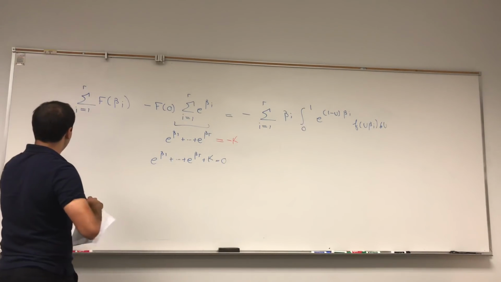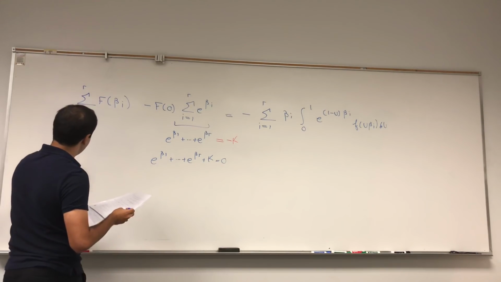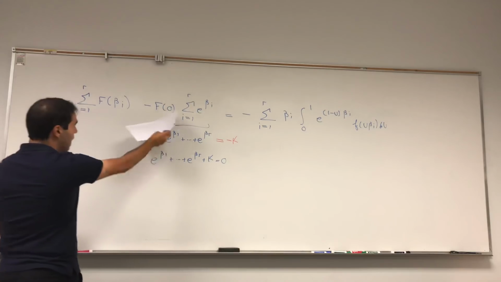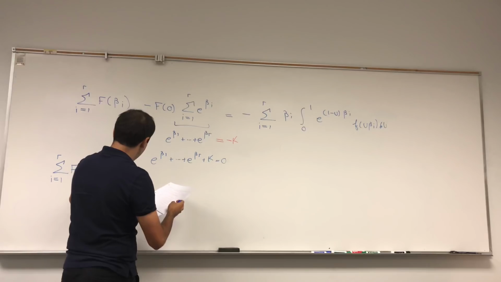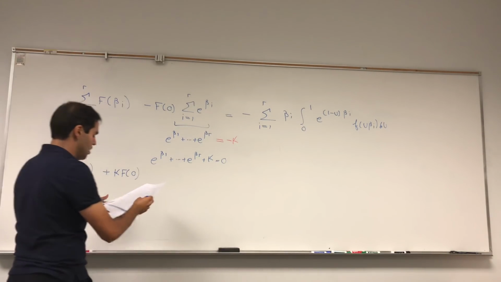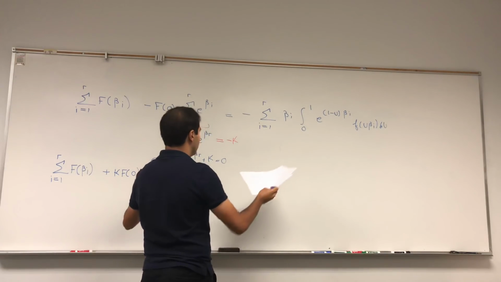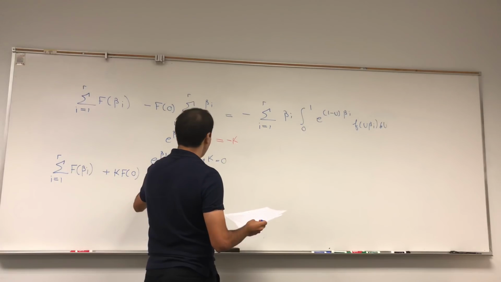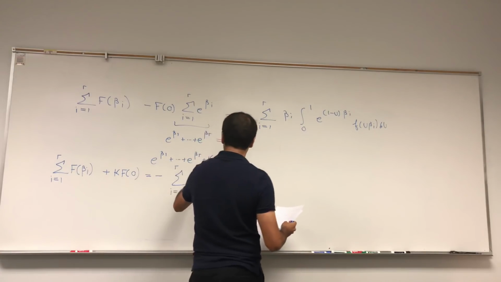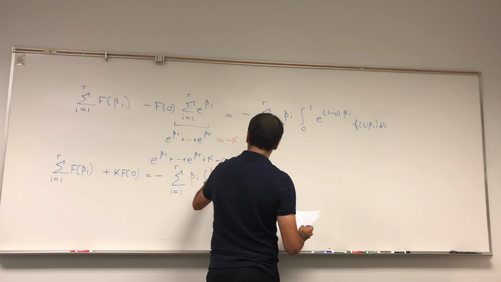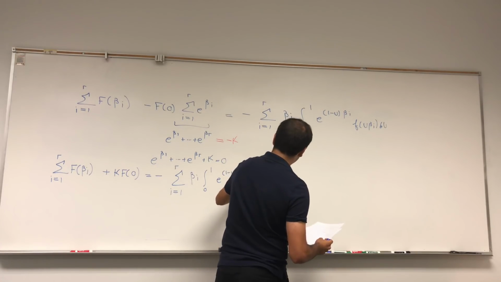So what we get is the sum from 1 to r of f(beta i) minus f(0) times minus k, so plus k f(0), and that equals minus the sum. There's nothing more we can do here. Sum from 1 to r of beta i, an integral from 0 to 1, e^{(1-u) beta i} f(u beta i) du.